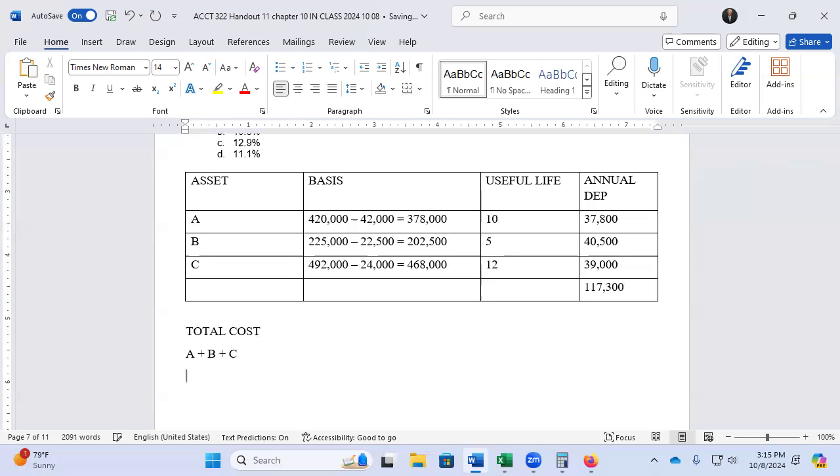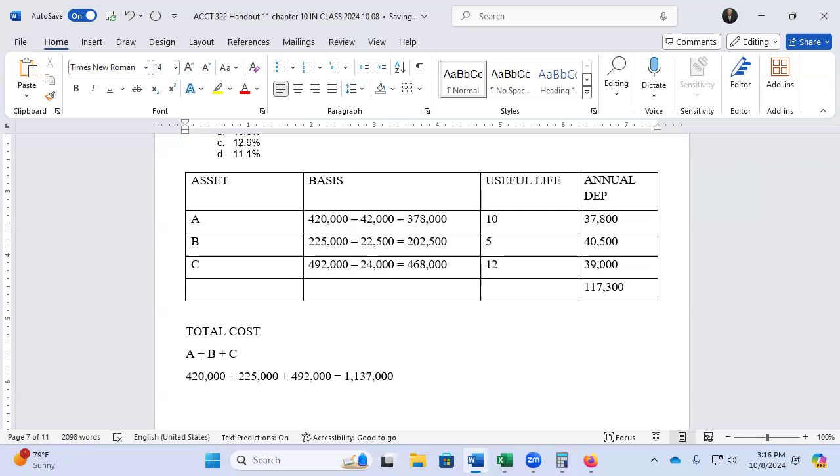Now we have to add the total cost, A plus B plus C. So we have 420,000 plus 225,000 plus 492,000. And that equals 1,137,000.